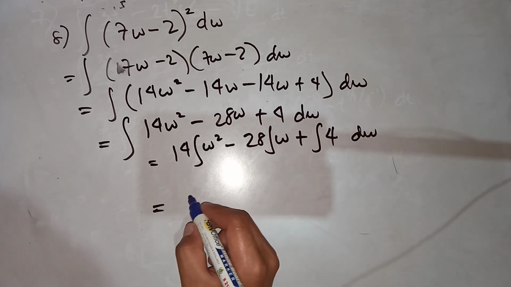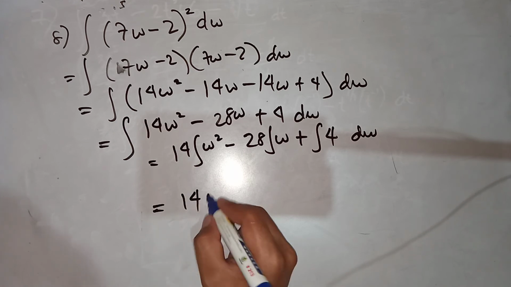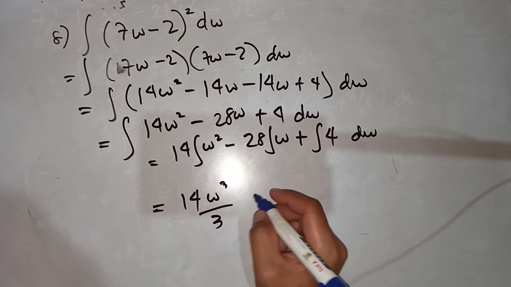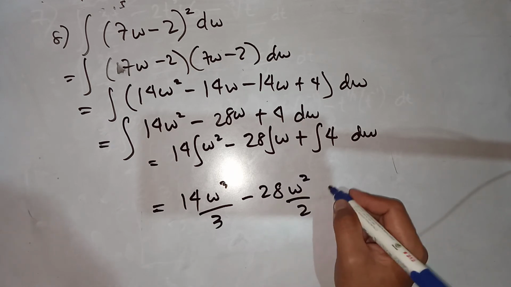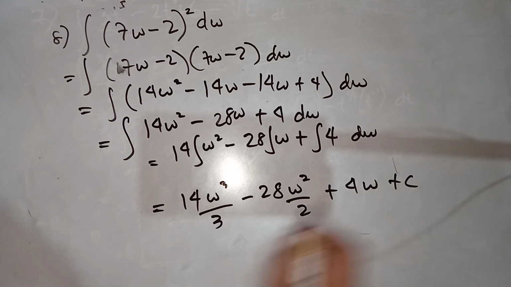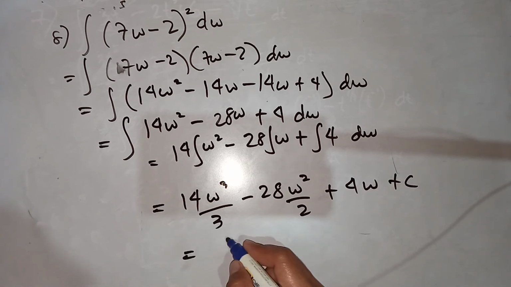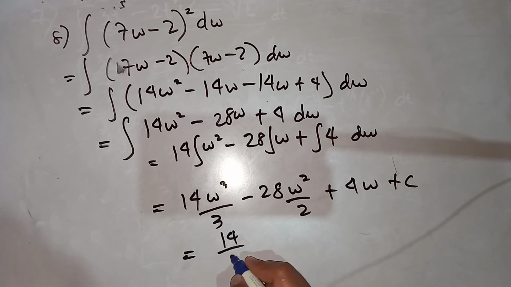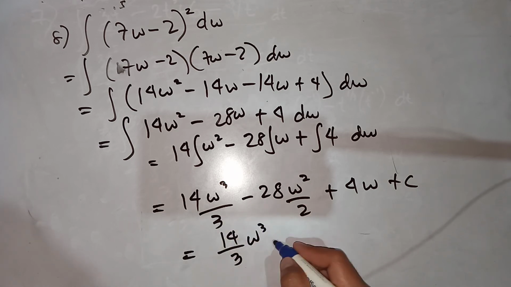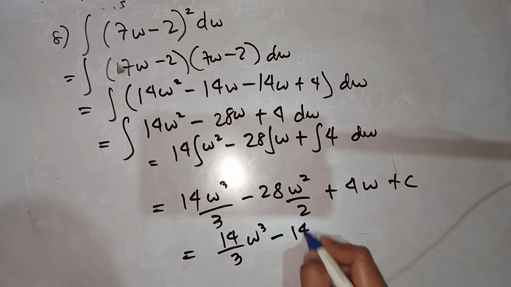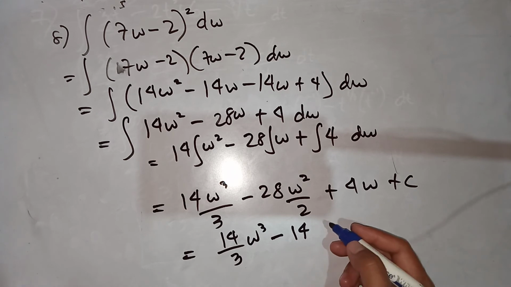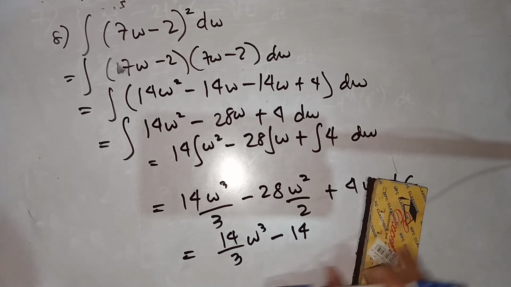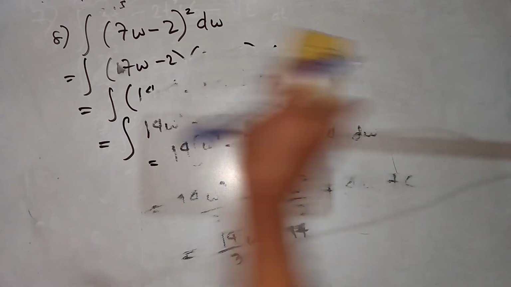I could write this as 49 w cubed over 3 minus 28 w squared over 2 plus 4w plus c. Wait, it's totally wrong because I'm sleepy. I'm sorry.